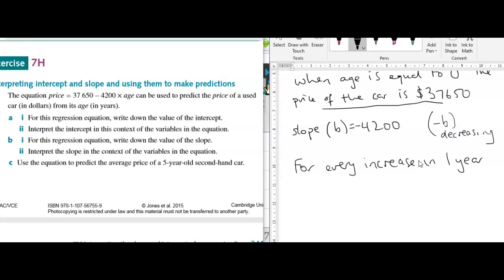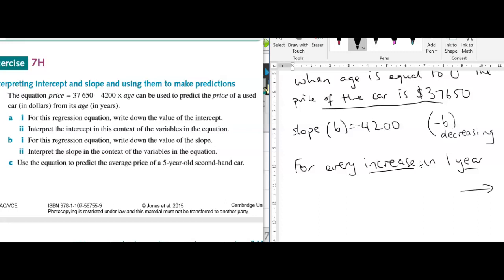Sounds a bit weird, but you could use this phrase for any variable: for every increase in 1 year, or in 1 centimeter, or in 1 kilogram. You always have an increase, and this is what you're measuring it in, because we're going along the x-axis. We're not going backwards.